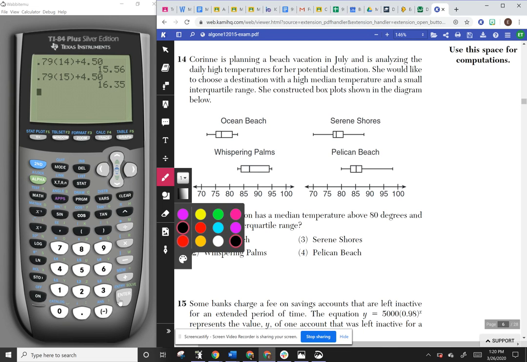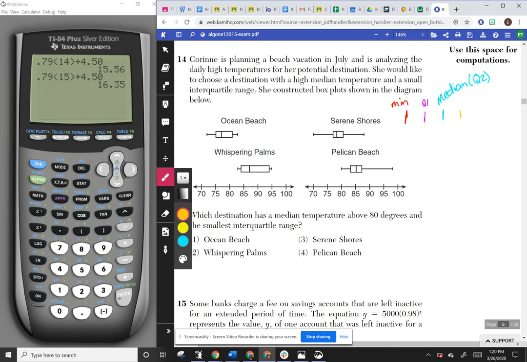So I'm going to color code this. The first line is the minimum. The second line is the first quartile. The third line is the median, which is sometimes called quartile 2, or the second quartile.